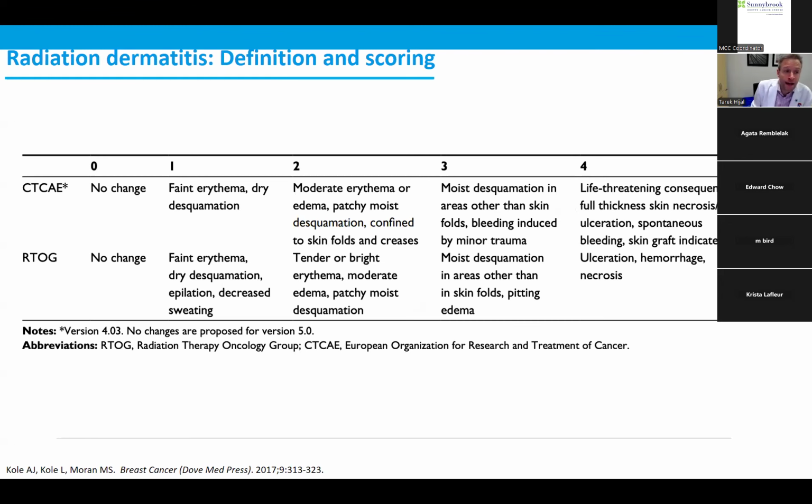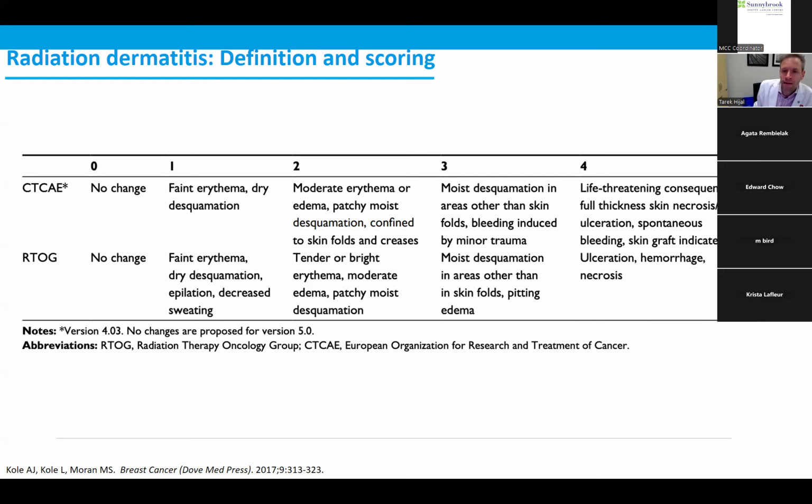And how do we define it? So to help us study it, to help us define it and treat it, we have definitions. The most common ones are the CTCAE and RTOG. I'm sure all of you know them. They're quite similar, starting with faint erythema and then more brisk erythema, moist desquamation, either in the folds or more general.